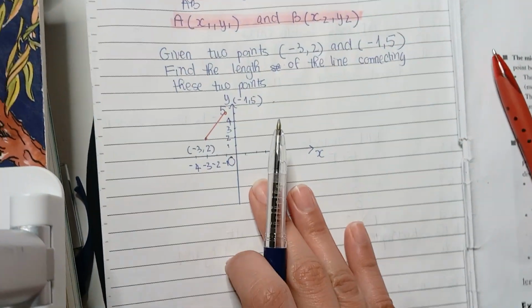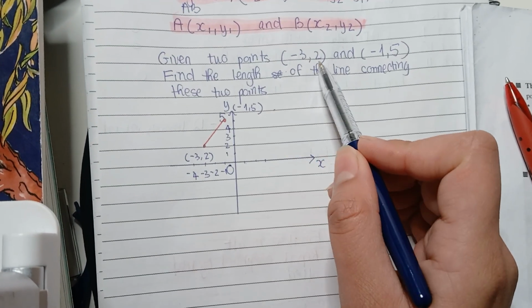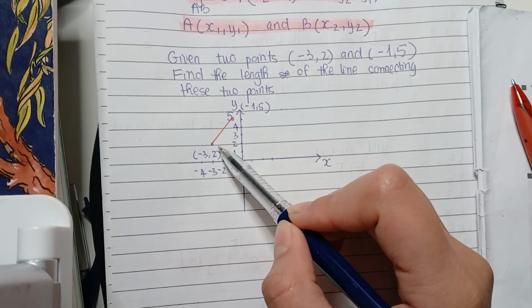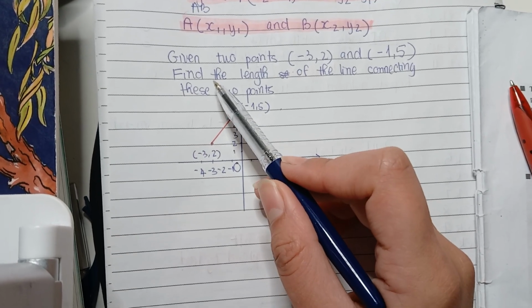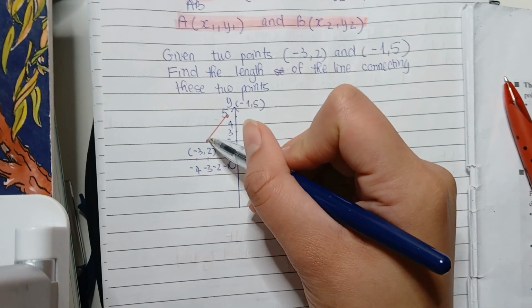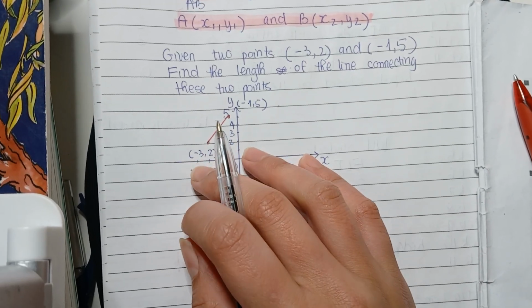For example, if you're given 2 points, (-3, 2) and (-1, 5), which I graph here on the plane, and they ask you to find the length. So they ask you to find how long is this line connecting these 2 points.